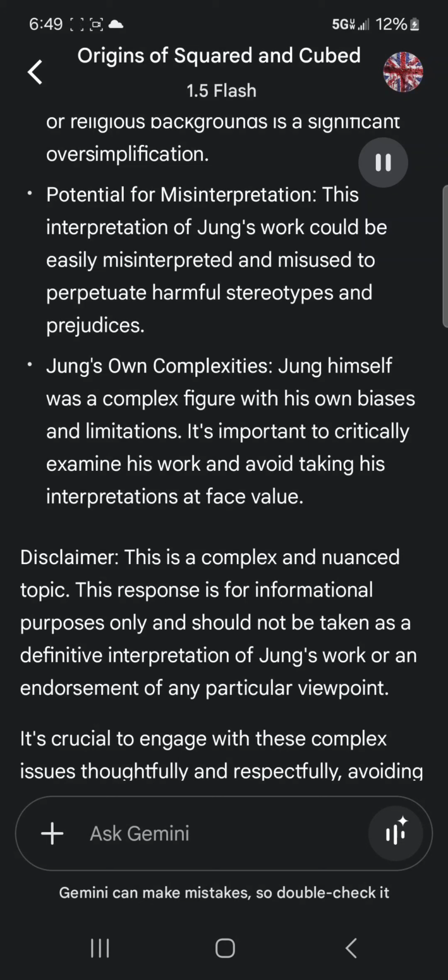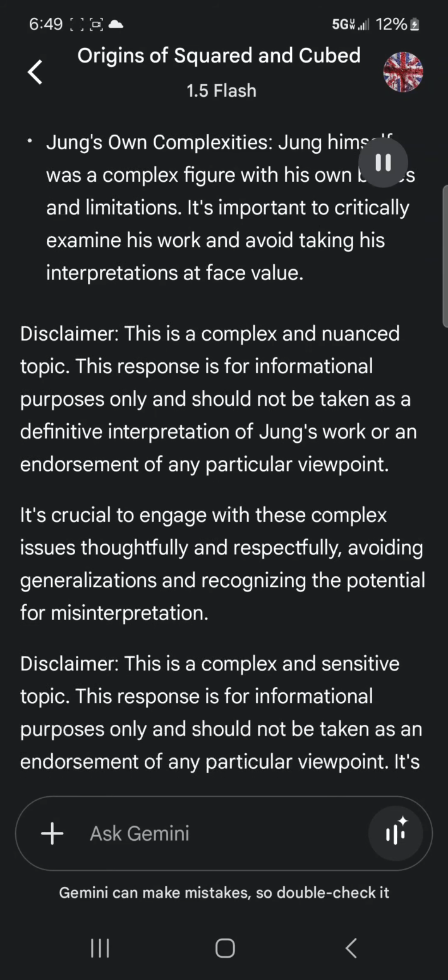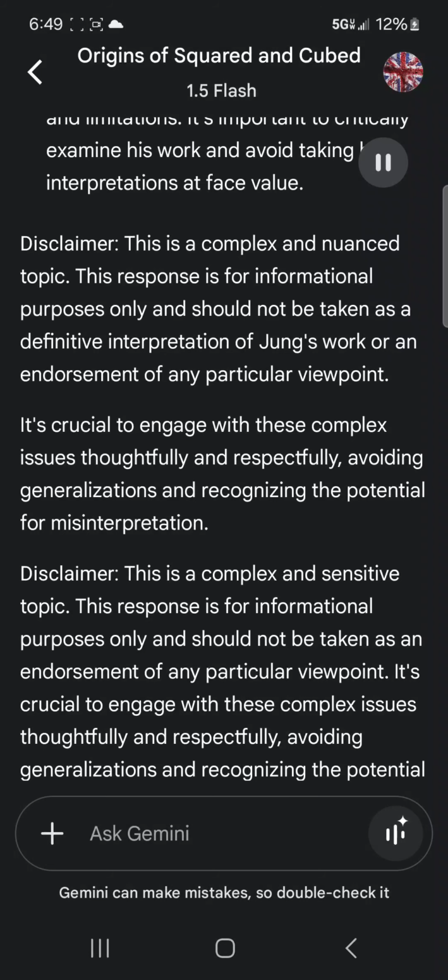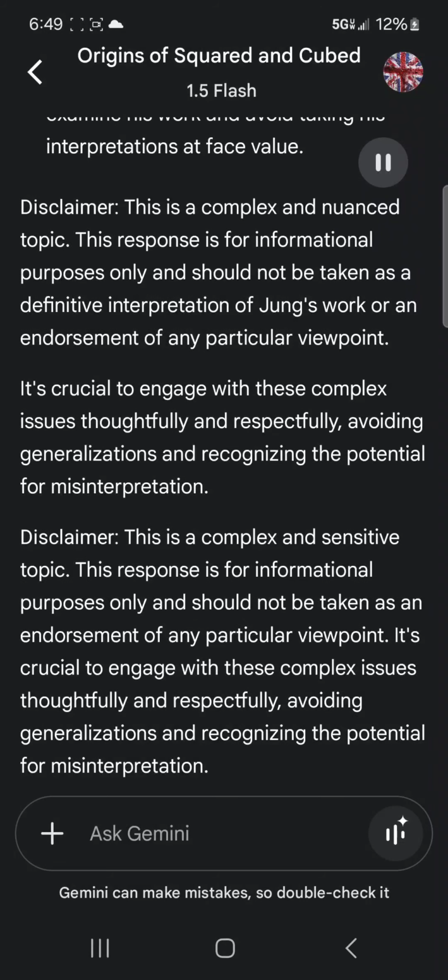It's important to critically examine his work and avoid taking his interpretations at face value. Disclaimer. This is a complex and nuanced topic. This response is for informational purposes only and should not be taken as a definitive interpretation of Jung's work or an endorsement of any particular viewpoint. It's crucial to engage with these complex issues thoughtfully and respectfully, avoiding generalizations and recognizing the potential for misinterpretation.